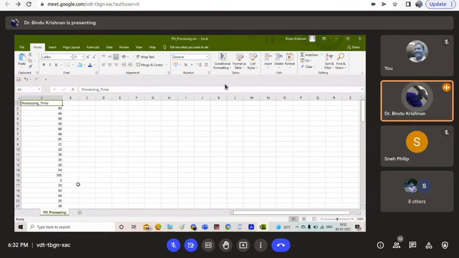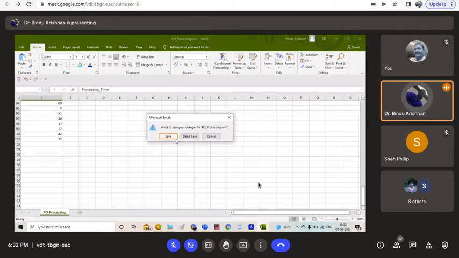But here one difference is that I took some more samples, say 100 samples. 100 is a large sample. If n is greater than 30, definitely it comes under large samples. So we use normal test. The procedure is the same. The only difference is in the test statistic.